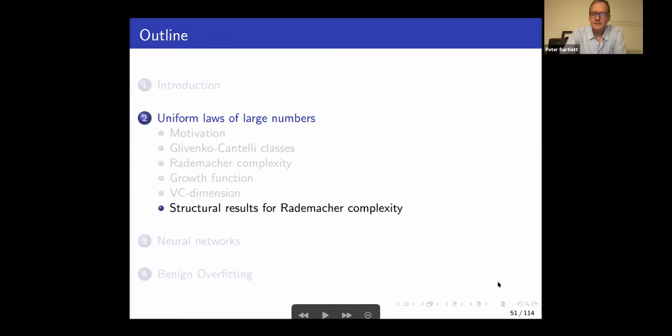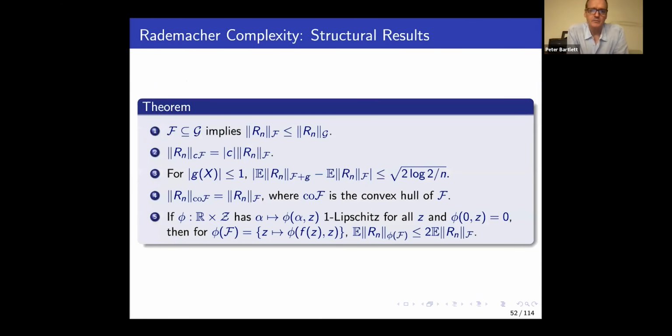so let me say a little bit about some structural results for Rademacher complexity. That is, how to compute Rademacher complexities by combining functions into a function class. And we'll see some examples of this in the neural net setting. Here's a list of 5 properties.